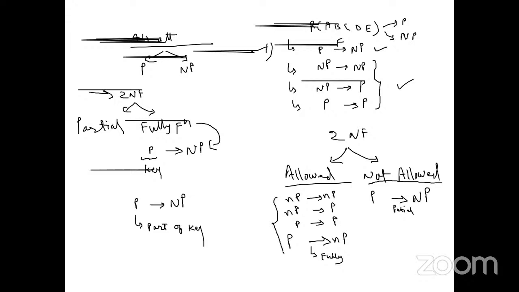What we need to take care of when we convert into normalization is that we are allowed to change the key attributes, because when we decompose the tables the key attributes will obviously change, but we are not allowed to change the dependencies. Dependency is something we must preserve.